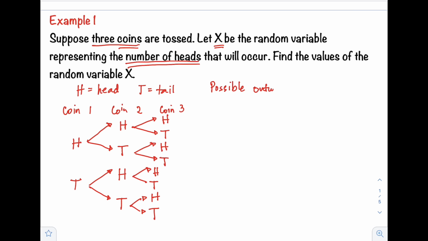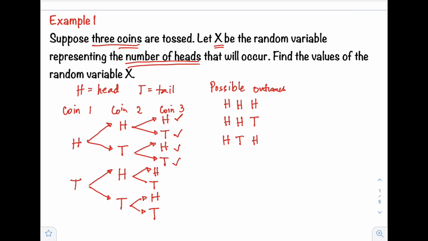Okay? So, kung mapapansin nyo, we have 8 possible outcomes. Di ba? So, una, pwedeng magkaroon tayo ng head. Pangalawa, pwede naman tayong magkaroon ng head, tail. Then, sa pangatlo, we have head, tail, head.